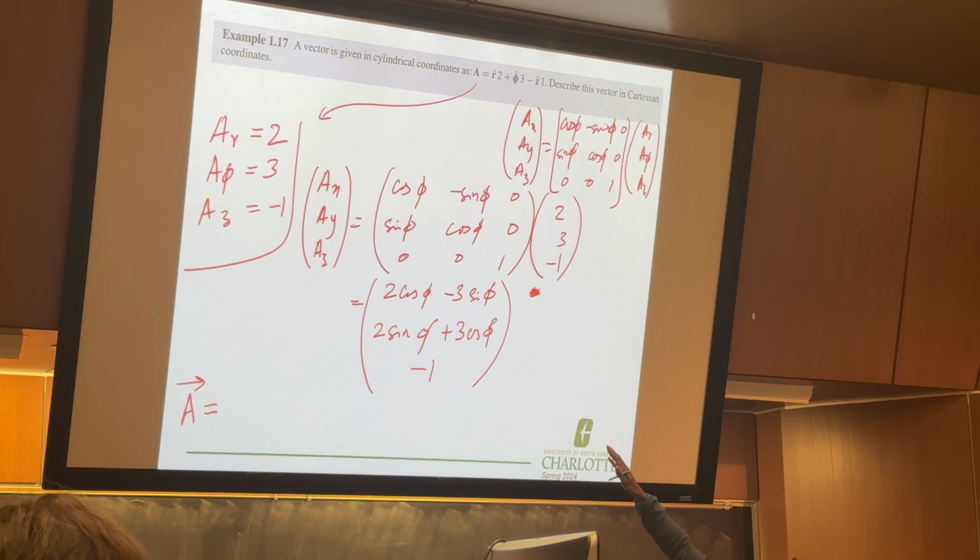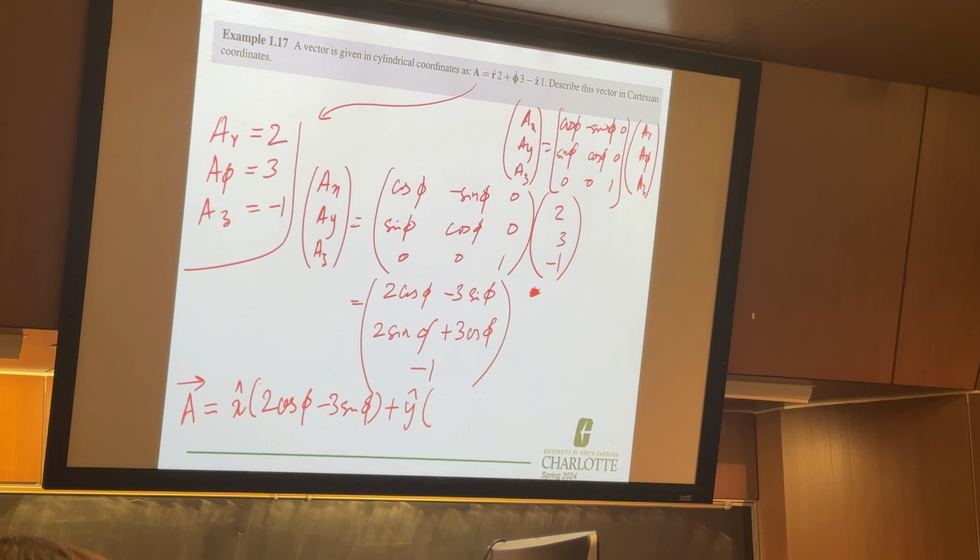So what is a sub x? A sub x is 2 cosine phi minus 3 sine phi. So that would be, in the x direction, we have 2 cosine phi minus 3 sine phi, plus in the y direction, that's the second row there, we have 2 sine phi plus 3 cosine phi, plus in the z direction we have minus 1. Yeah?